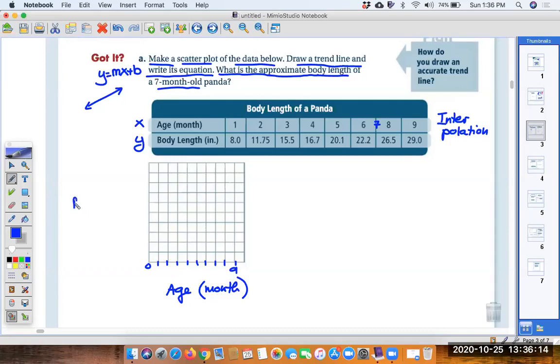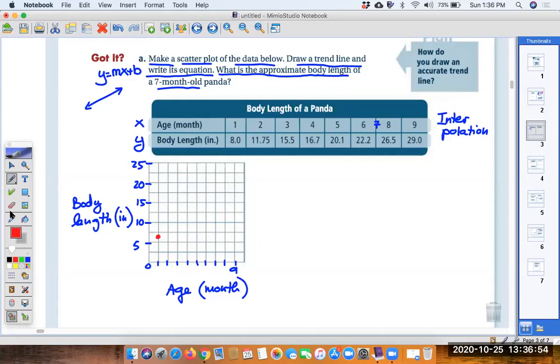And the body length in inches. Those numbers, we have to go all the way up to 29. So I decided to go by 5s, and it won't cover 29. We'll just have to go a little bit beyond: 5, 10, 15, 20, 25 inches. So the graph will be a little off the chart. It's okay.